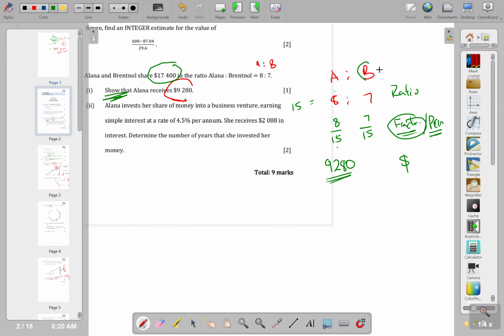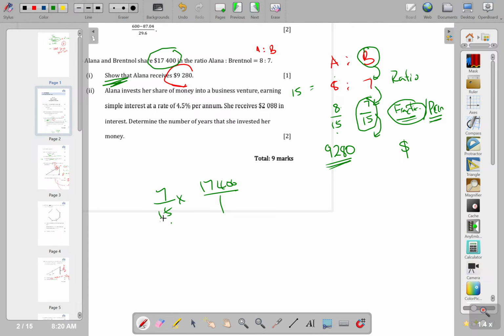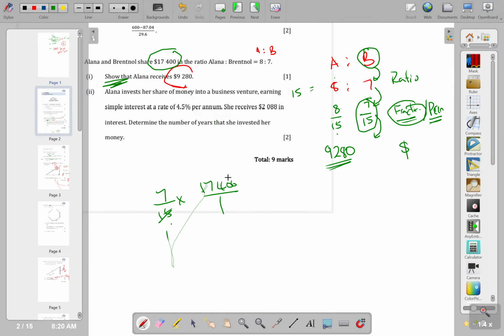So Britnell, this is his ratio. Don't forget, when you have your ratio, you can convert it into its fractional version. When you have the fraction, you can go and find the dollar version after that. We're going to apply the fraction onto the total again, 17,400. 15 can go into 15, so I'm going to simplify early. 15 can go into 17,400 and I will get 1,160.